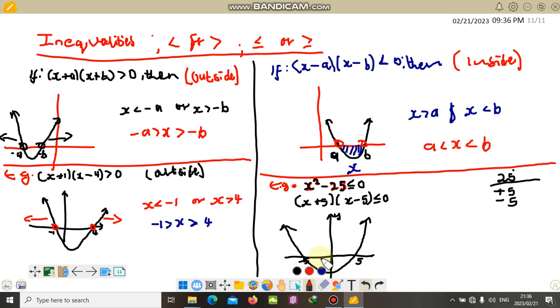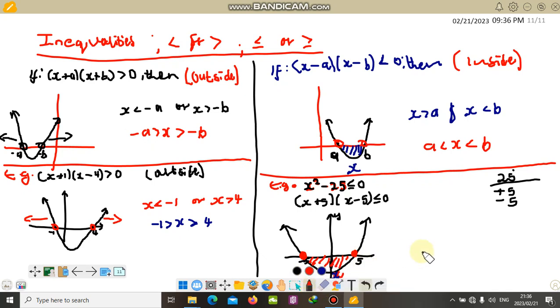What do we know about less? The solution lies inside. So x is the solution that is inside, between this point and this point. Because it says less or equals to, the circle becomes shaded, closed, to show that those points are also part of the solution.